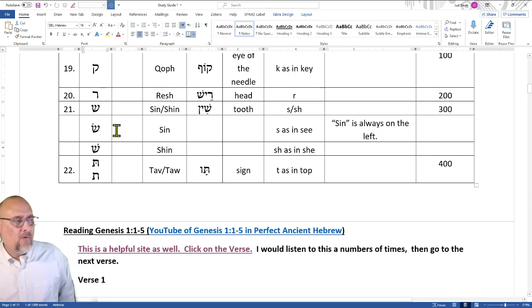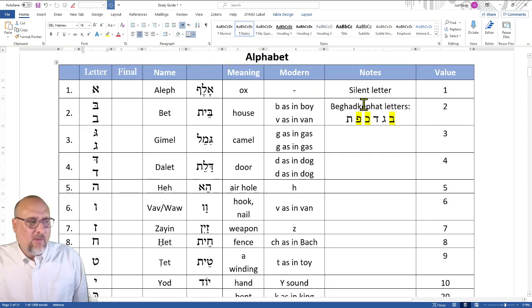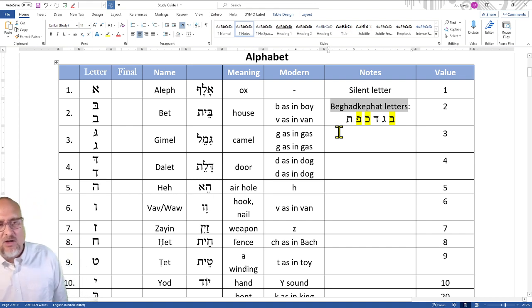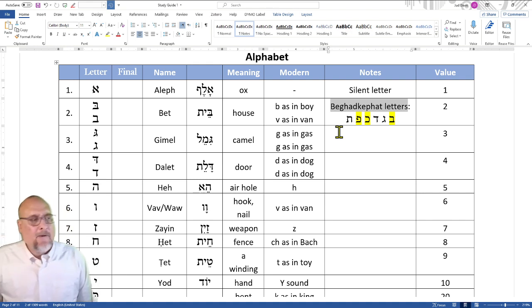Now, that's pretty straightforward. The problem comes with what's called the Begad Kafat letters. And Begad Kafat is just a made-up word, so you can remember these letters, but it's Beit, Gimel, Dalet, Kof, Pei, and Tav.